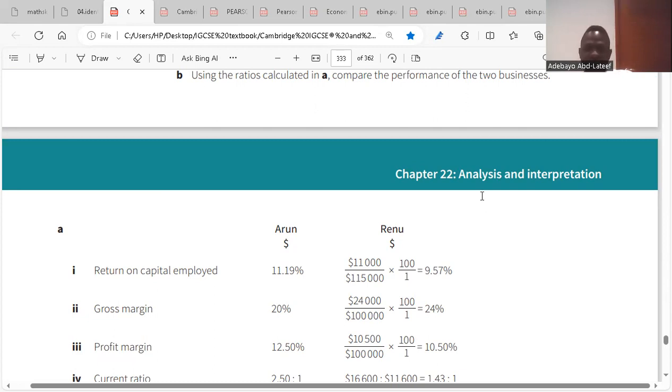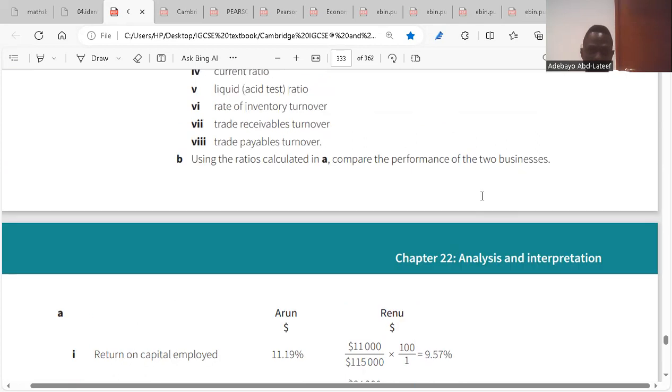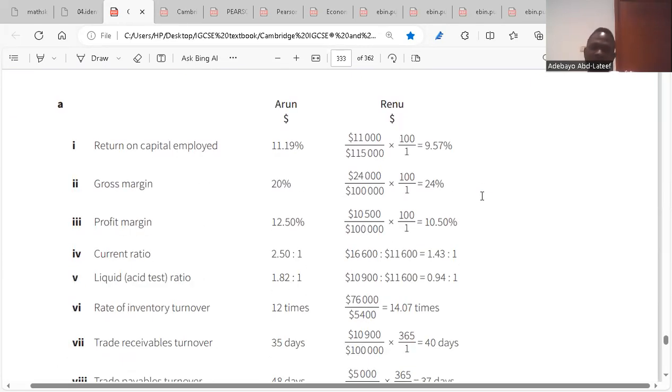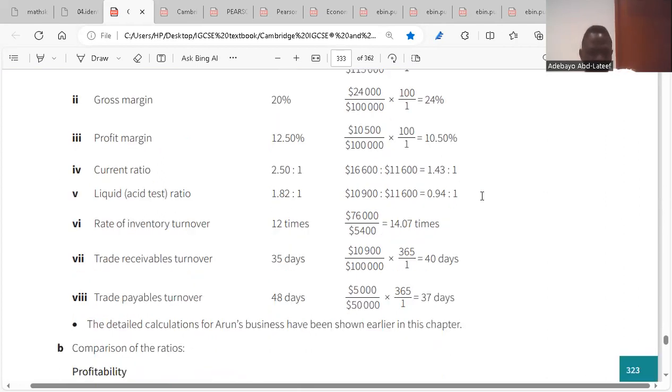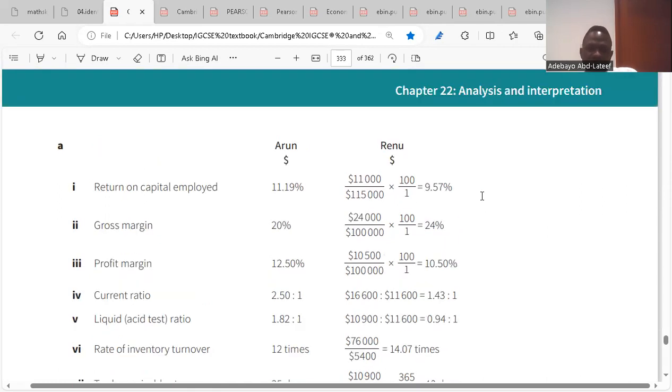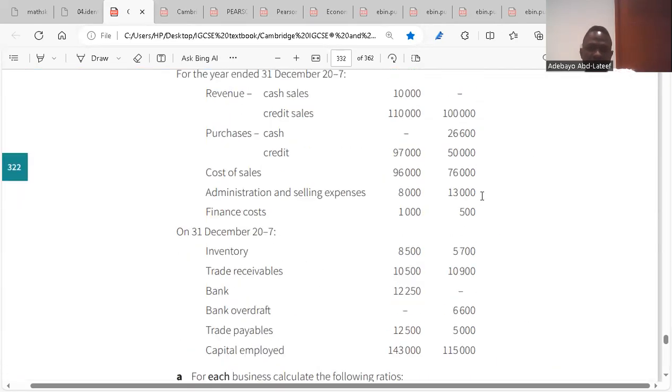Capital employed is already there. Okay, down. This is how they do it. So you compare A and B. Gross profit, profit margin, current ratio. Where's the profit? The profit is there.